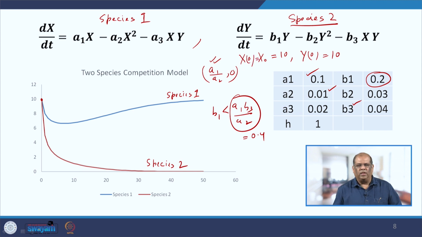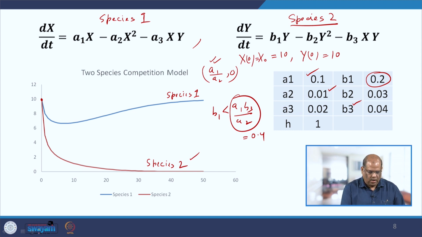Starting with the same density, we find that in this case species 1 survives and species 2 goes to extinction. Maybe they do not get enough food or sunlight or space, and hence they cannot survive, they die.